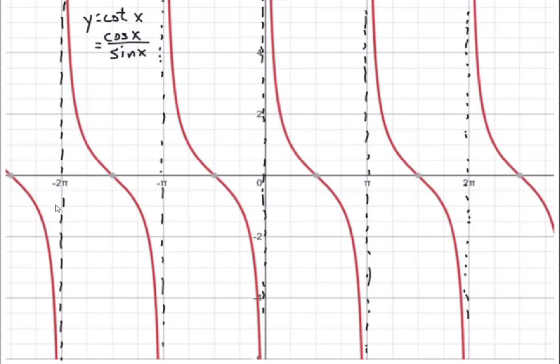Basically, any multiple of pi, we're going to get an asymptote there. Another difference between tangent and cotangent is for cotangent, each cycle is decreasing, the curve is coming down, until we get to the next asymptote, and then it starts back over at the top and also repeats itself infinitely in both directions.